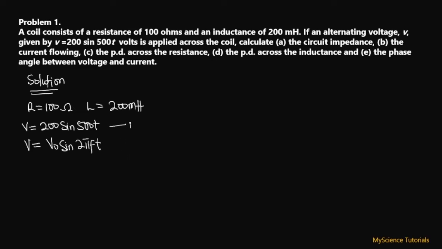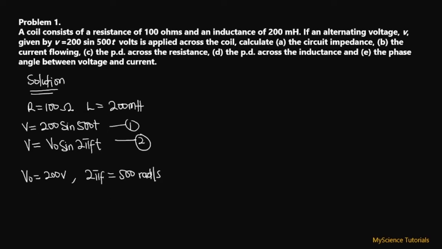So if this is our equation 1 and this is our equation 2, comparing equation 1 and equation 2, we can see that V naught is equal to the 200 over here, which is 200 volts, and then the 2 pi f is equal to the 500 we have over here. So 2 pi f is equal to 500, which is in radians per second.